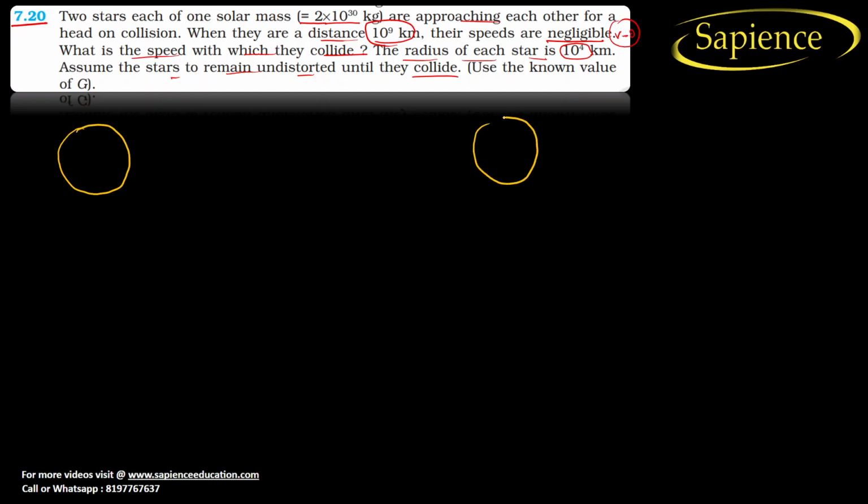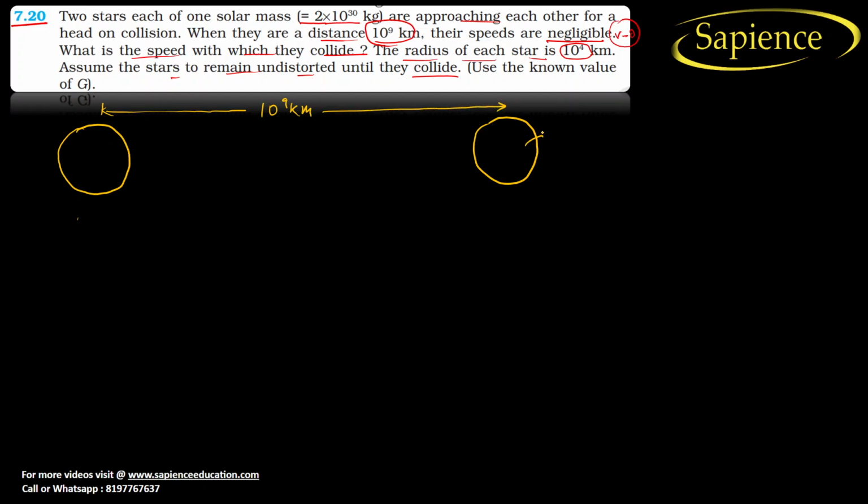The distance between these two suns is 10 to the power 9 kilometer, they have given.